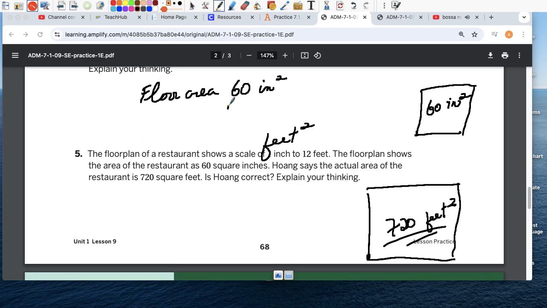We're going to say 16 times, actually the inches. Because area is not just length times width, they both get multiplied by 12.